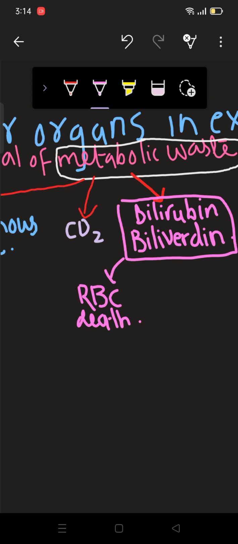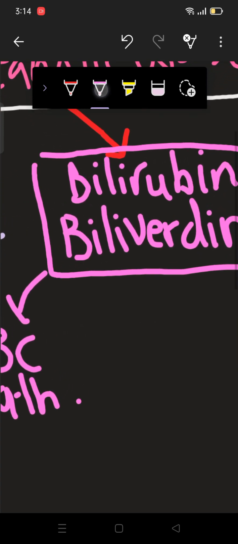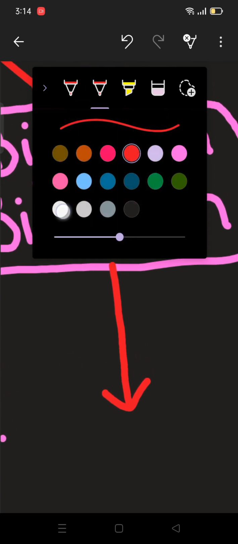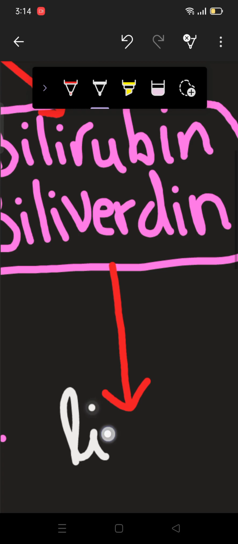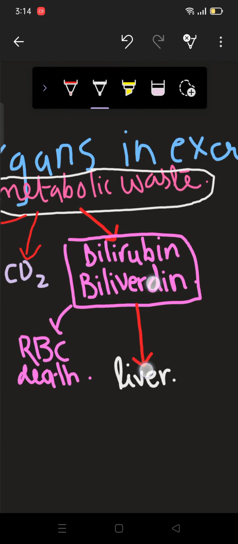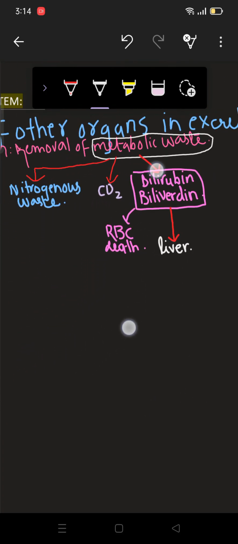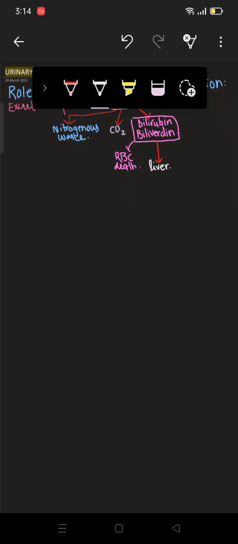When heme was broken down, two chemicals were released: bilirubin and biliverdin. Then it was going to the liver, because bilirubin and biliverdin are the bile pigments.